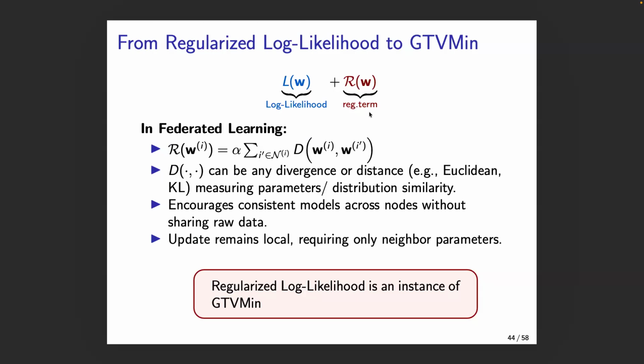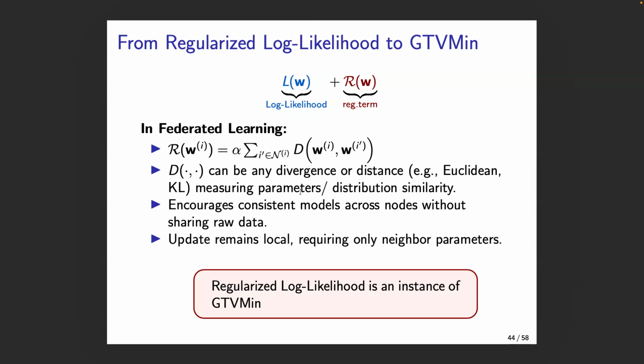You saw in the previous lectures that these regularization terms are usually some kind of distance metric or penalty which penalizes the difference or discrepancy between the models on connected nodes, right? It could depend on parameters, and it could be, for example, squared Euclidean distance or something else.